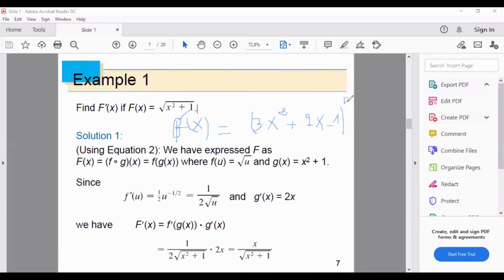Try to evaluate its derivative, to differentiate this expression. What about its derivative?